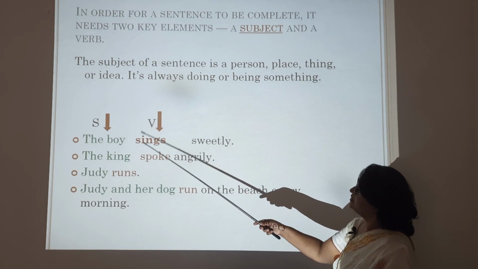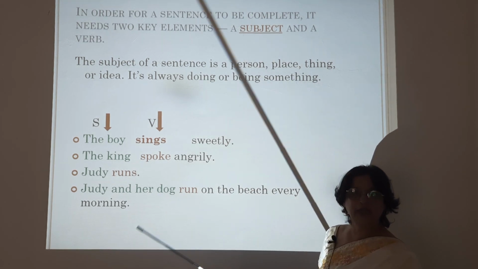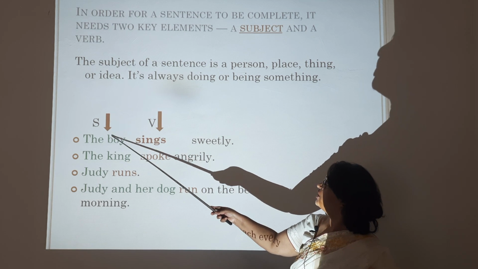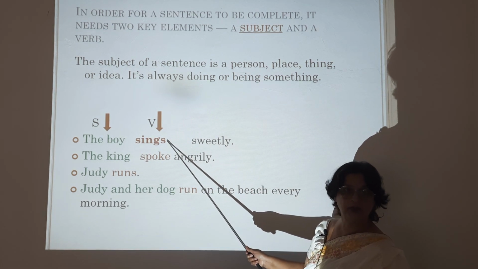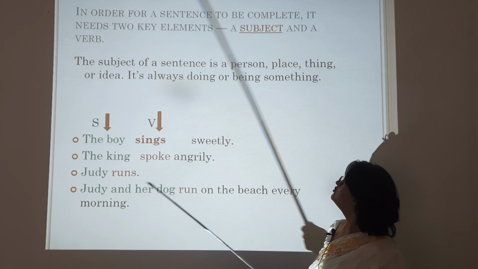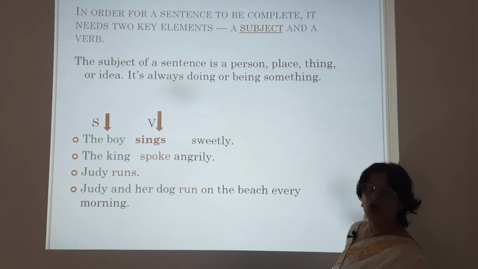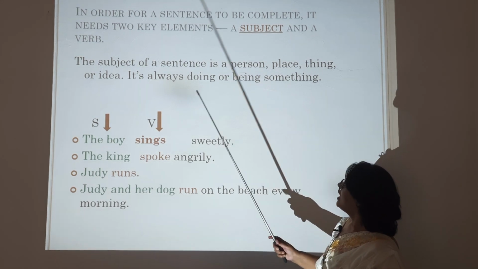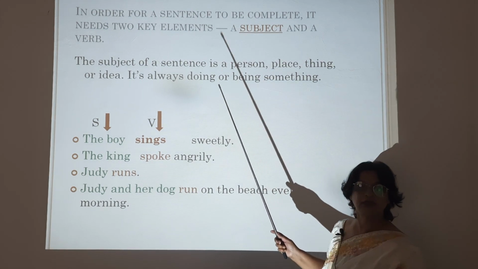How does a sentence become complete? A sentence becomes complete when you have a subject and when you have a verb. Now, what is a subject? A subject is a person, place, or thing, or even an idea that is always doing or being something.